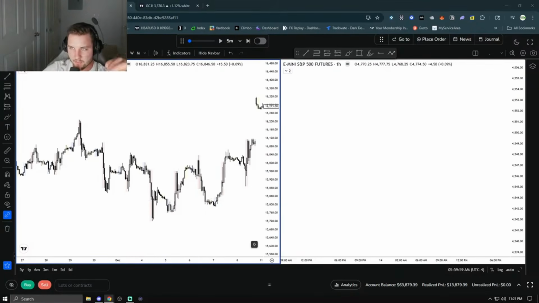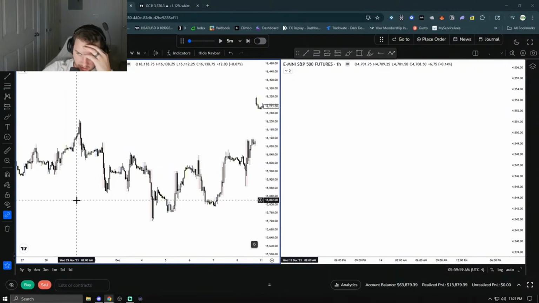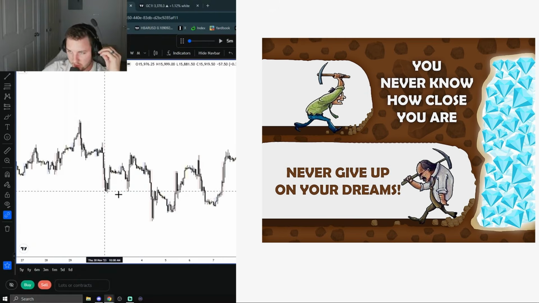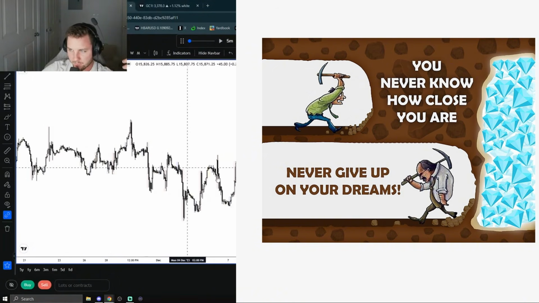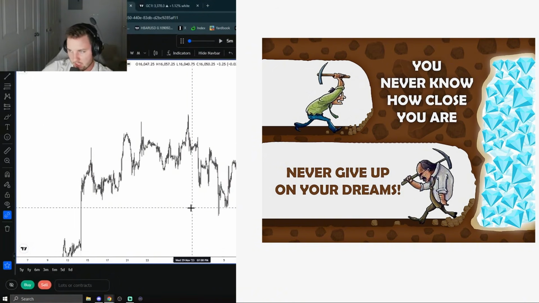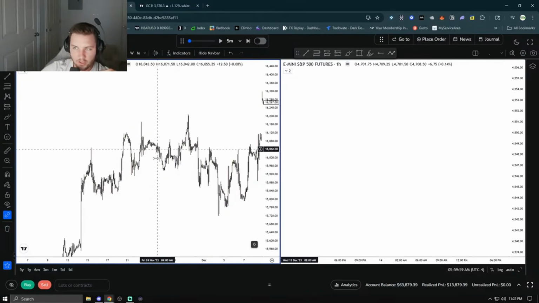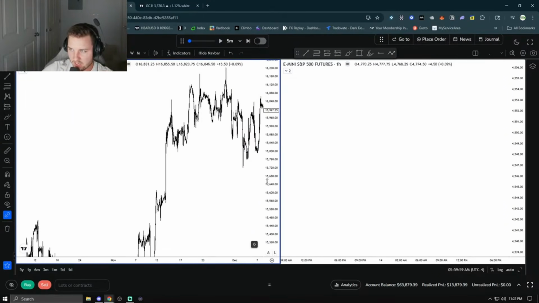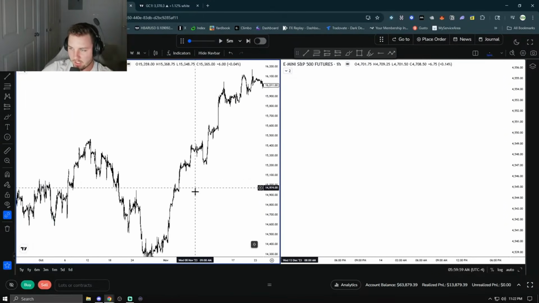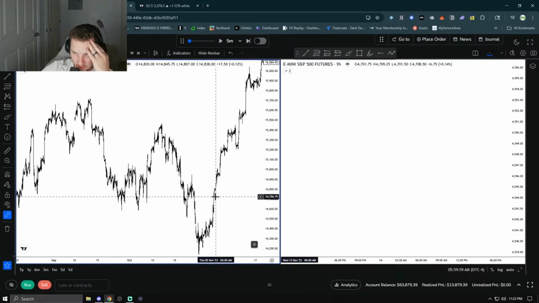That's what you're chasing. You know that image with the diamond, where you stop pickaxing right before the diamond? It's the same scenario. You literally backtest every single day until it clicks. You don't know when that's gonna happen.